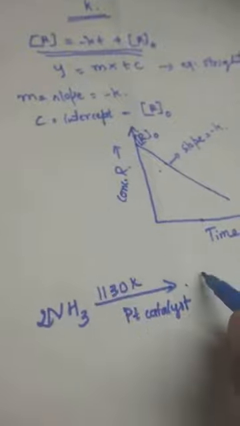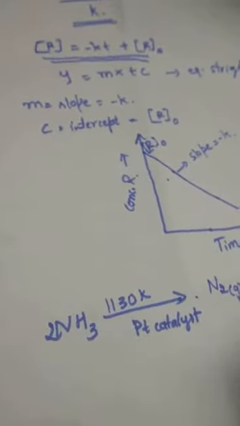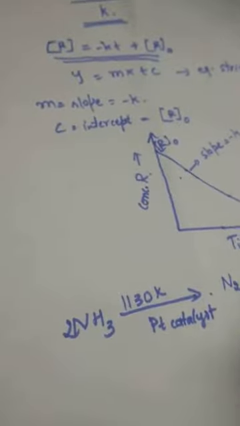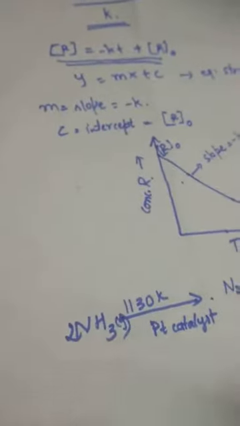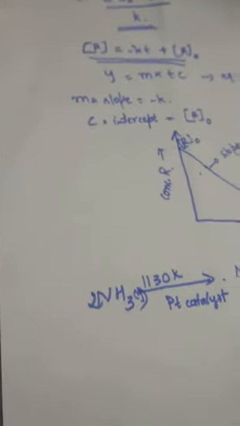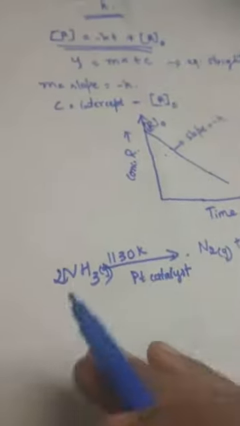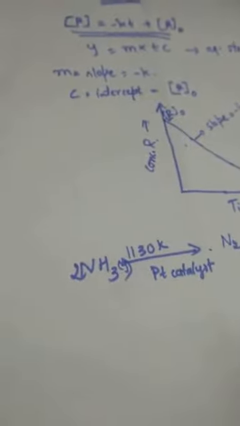So ammonia decomposes into a nitrogen molecule and a hydrogen molecule. Okay, so this is also gaseous. At normal pressure, in the normal condition, the reaction takes place and ammonia decomposes into nitrogen and hydrogen molecules on the surface of platinum metal.